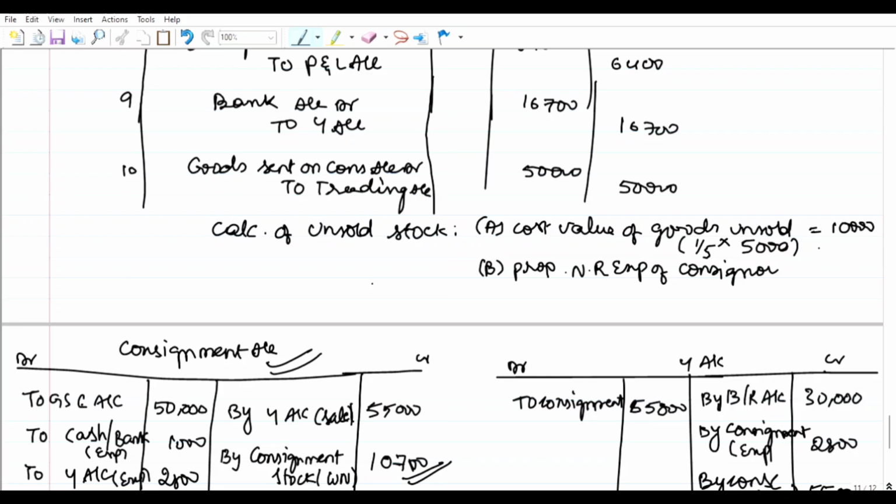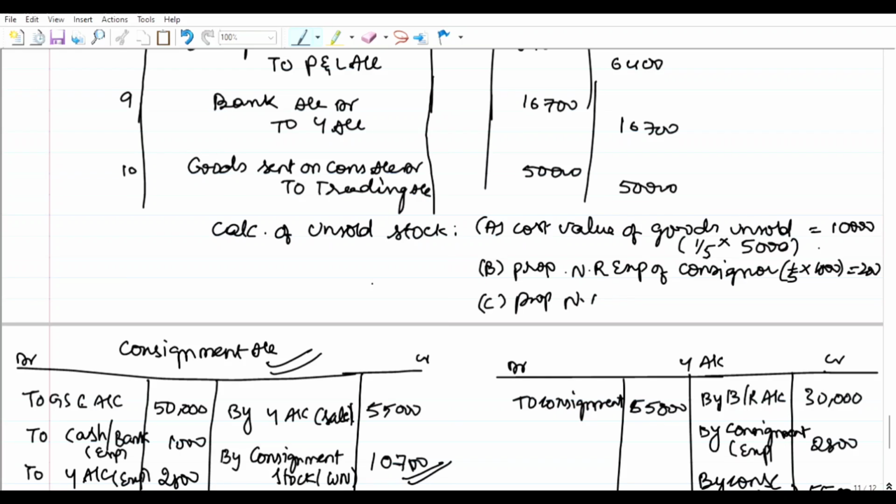Actually, the consignor spends the expenditure once only for the consignment business, which are non-recurring expenses directly. So we have to take 1/5 of the goods, 1/5 of the expenditure, 1/5 of rupees 1,000, which would be 200.